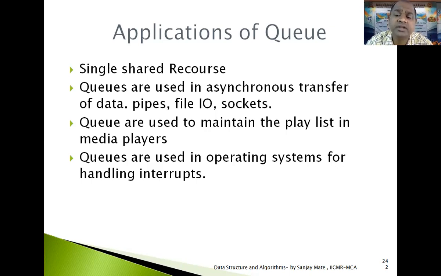The queue is also maintained in the toll booths on the highways. Those who came first will pay the toll and go, but those who came late will pay at the last and then go. Queues are used in operating systems for handling interrupts.